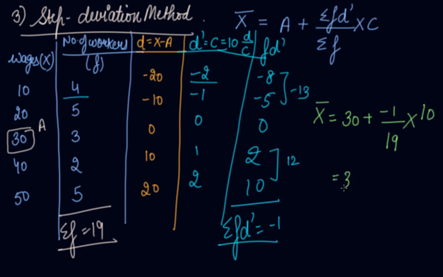So you get 30 minus 10 divided by 19, which is equal to 30 minus 0.53, which is equal to 29.47, the average wages of the worker. So in this way you can find your simple arithmetic mean in case of the discrete series.